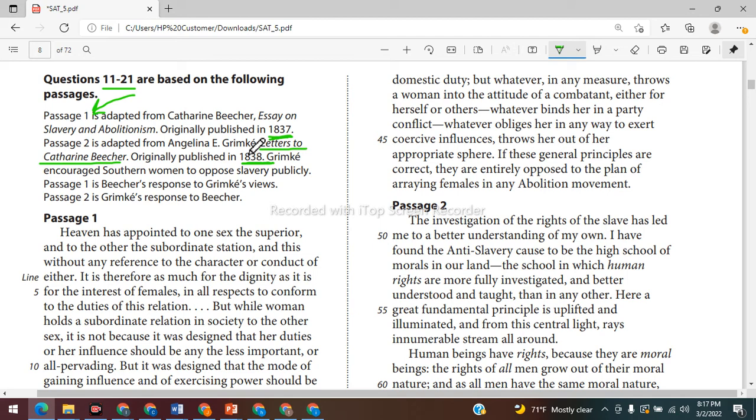Grimke encouraged Southern women to oppose slavery publicly. Passage 1 is Beecher's response to Grimke's views. Passage 2 is Grimke's response to Beecher.